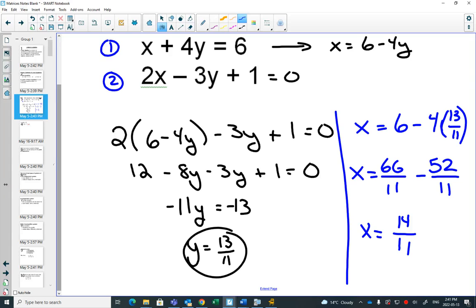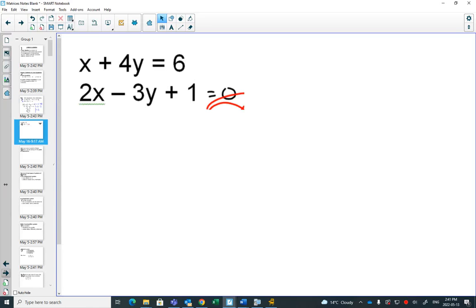And then the x coordinate would be 14 over 11. So these 2 lines, that is where they cross. Oh yeah, there's the equal 0.